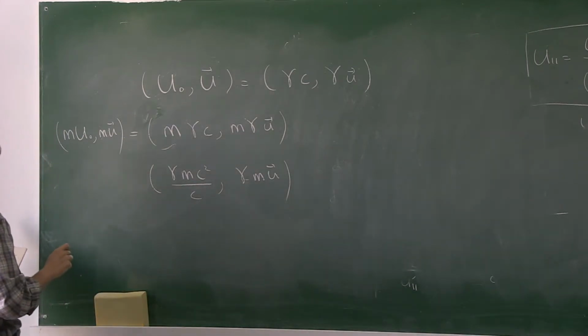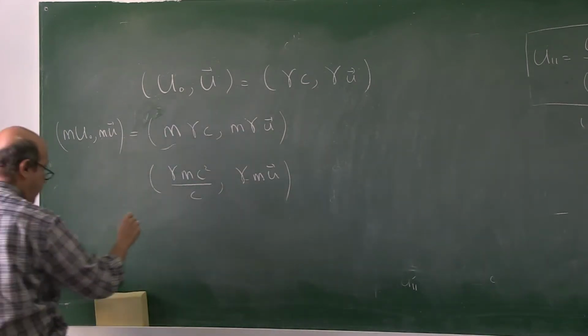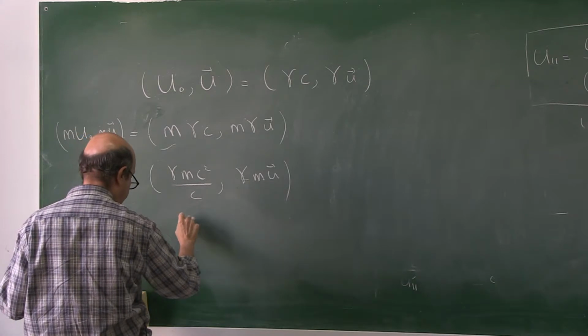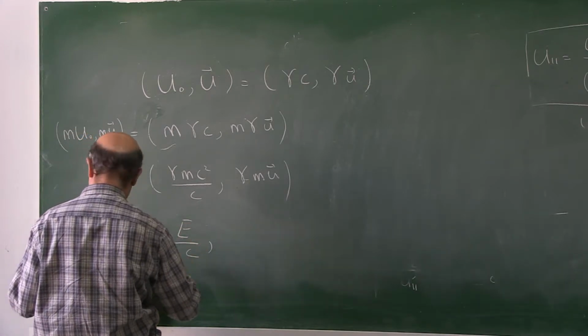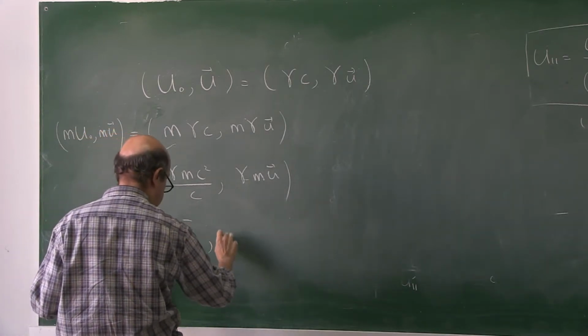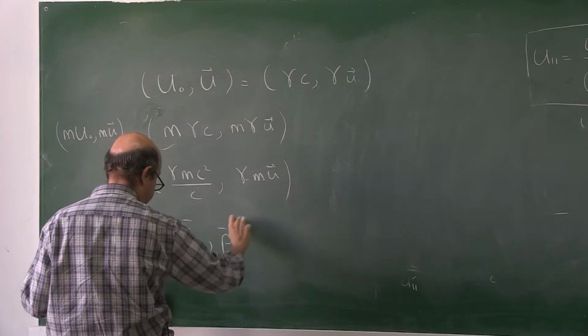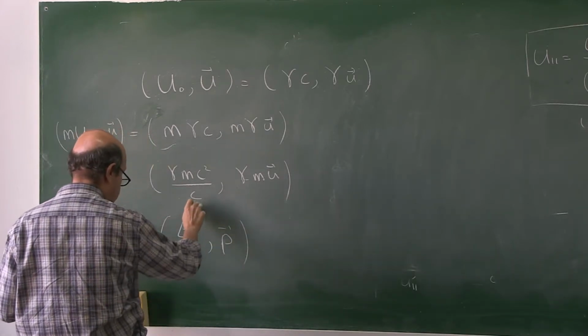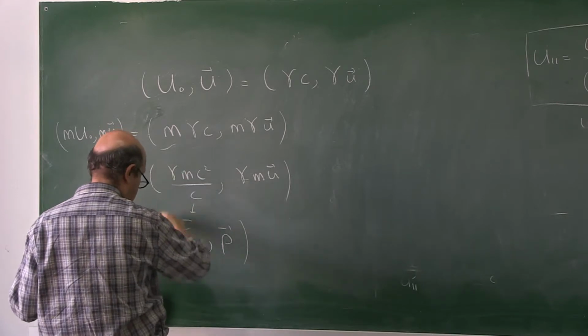So we can call this whole thing E over c and p. This is a 4-vector, so this is the E over c, this whole stuff.